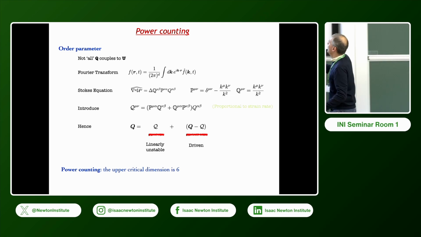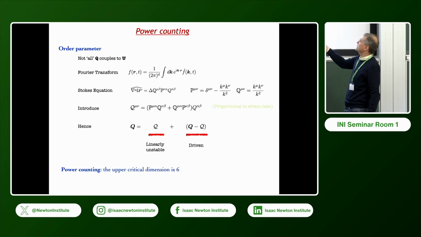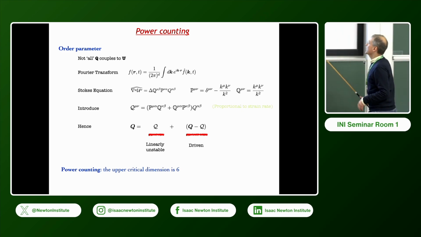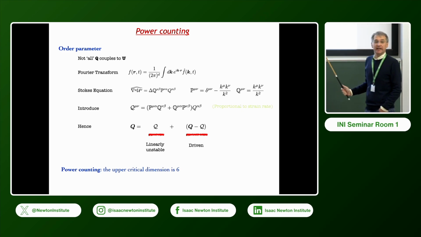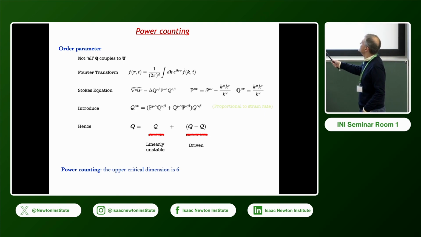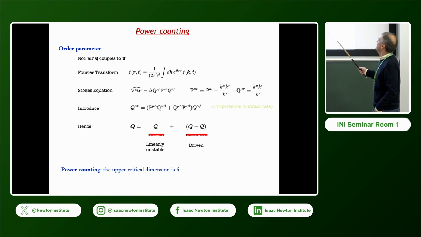And so what that object does, it selects one of these indices perpendicular to the local order and one of the indices parallel to the order. So the right quantity which couples to the velocity is not the Q tensor, but this symmetrized combination consisting of one index being selected perpendicular to the order, one parallel to the order, the symmetrized version.